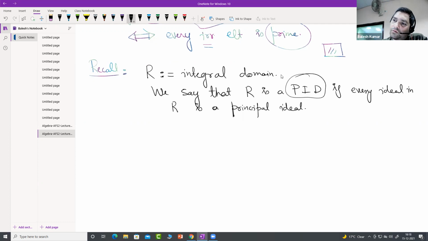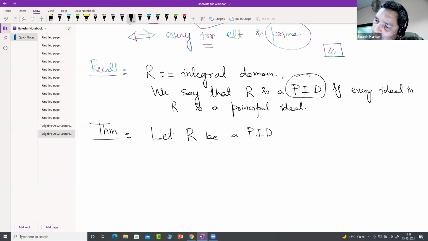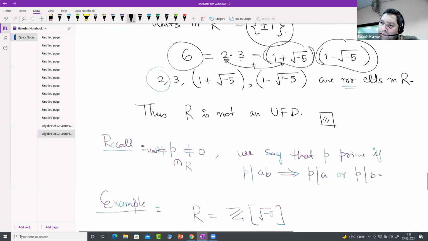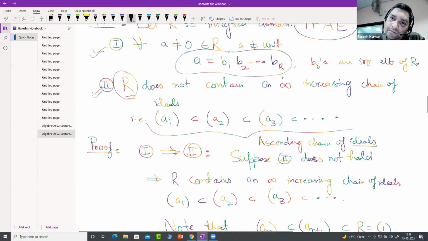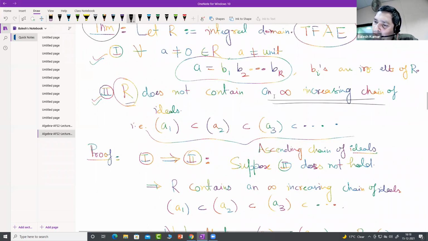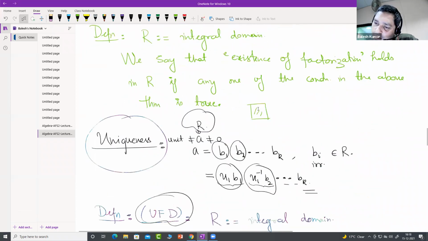What I would like to prove is a theorem, or a proposition: let R be a principal ideal domain. Then the finiteness condition for ideals that we have just discussed, that R does not contain an infinite increasing chain of ideals, is one of the important properties that principal ideal domains have.